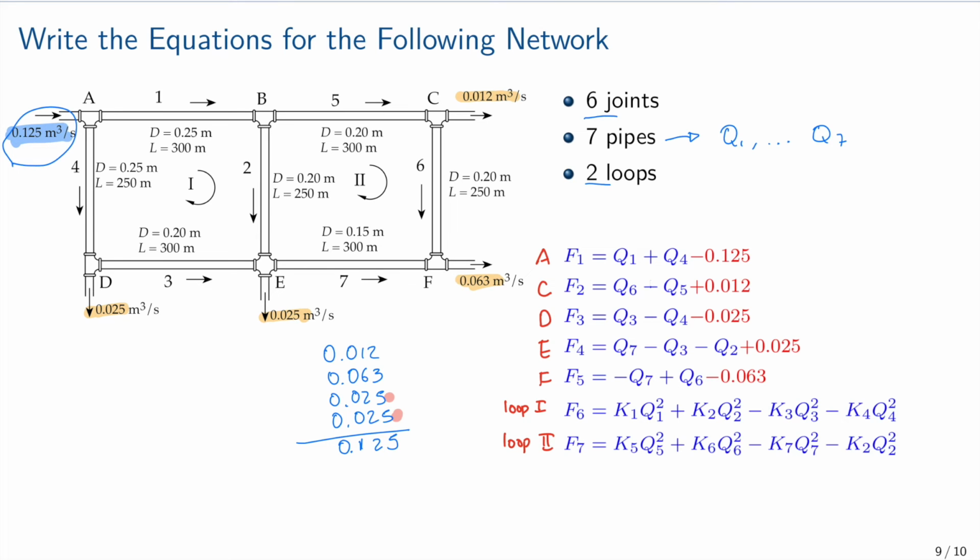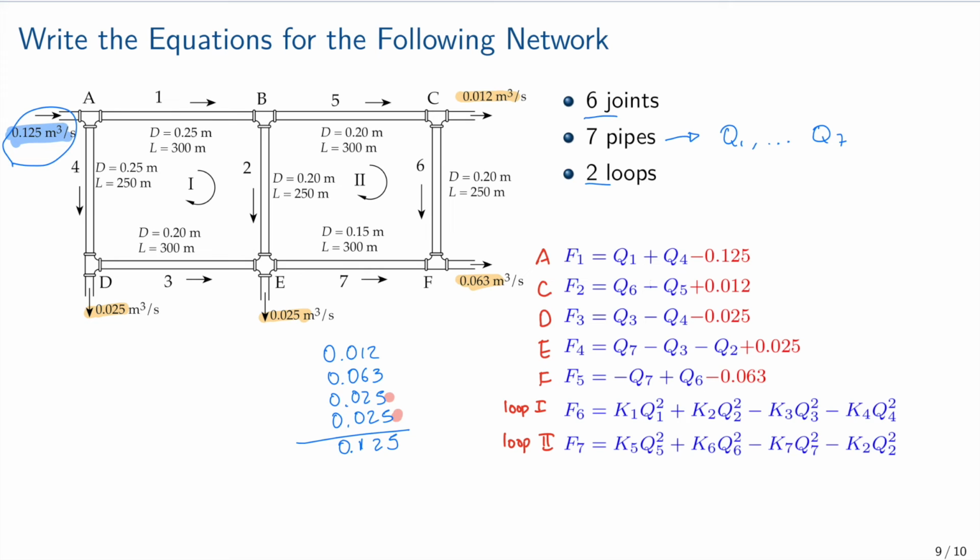Let's verify some of the equations. For node A, we have 0.125 inlet, and we have 2 outlets, 4 and 1. So assuming that the inlets are negative, we have minus 0.125, and the outlets are Q1 and Q4.